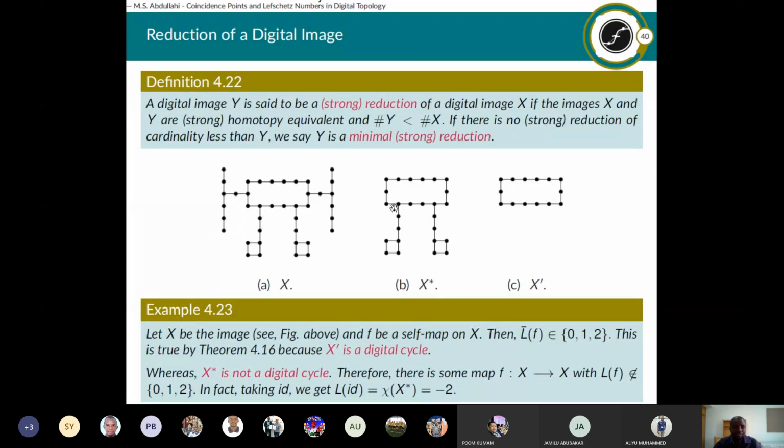But we know that this is strong homotopy equivalent to this, and it will be easier to get its Lefschetz number that way. If we take the identity in this case and calculate its Lefschetz number, it is going to be -2, and that tells us that this also has a Lefschetz number of -2.